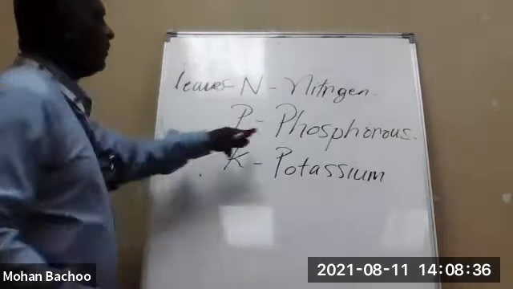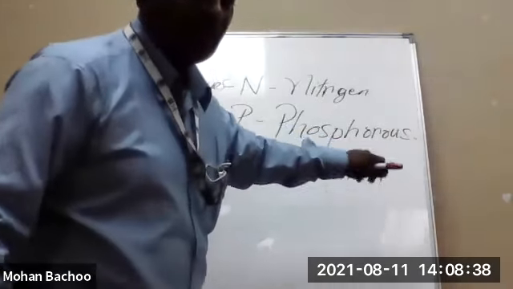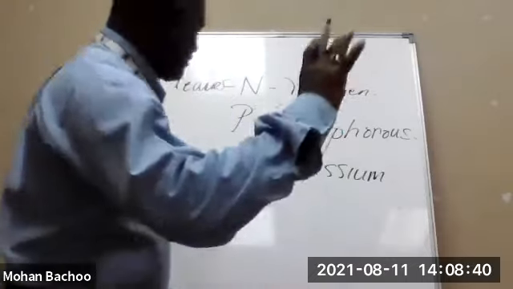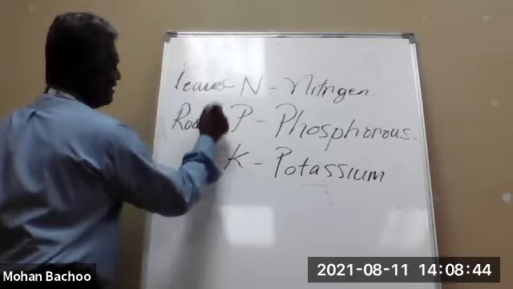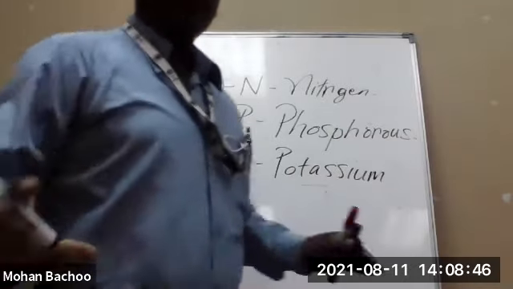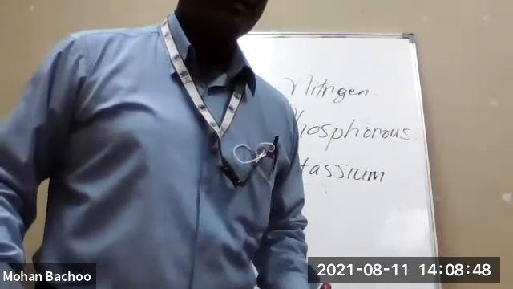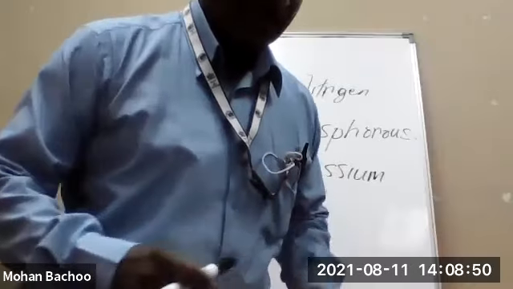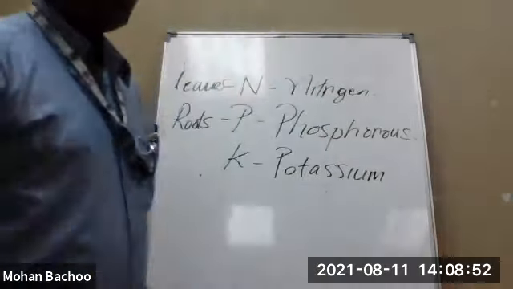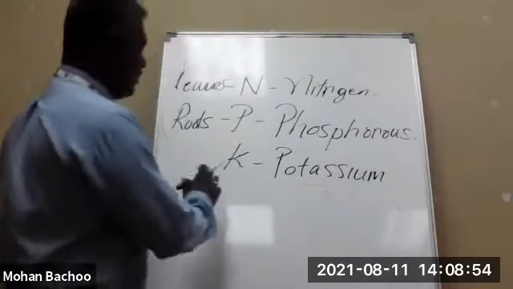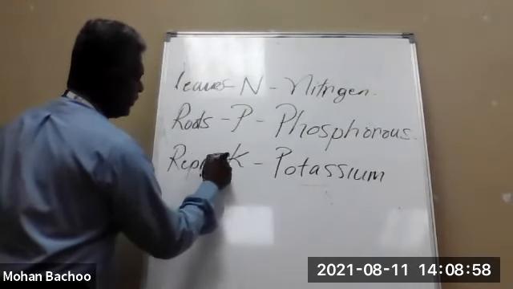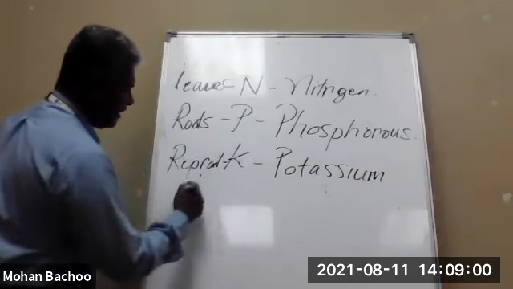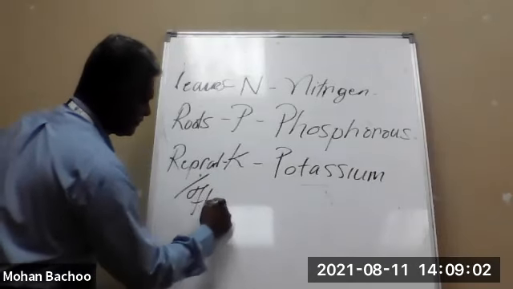What is phosphorus for? Do you all know what the phosphorus is for? The roots. Excellent. Roots. And what is potassium for? Swelling of plants? All right. More so, it's for reproduction, or flowering.